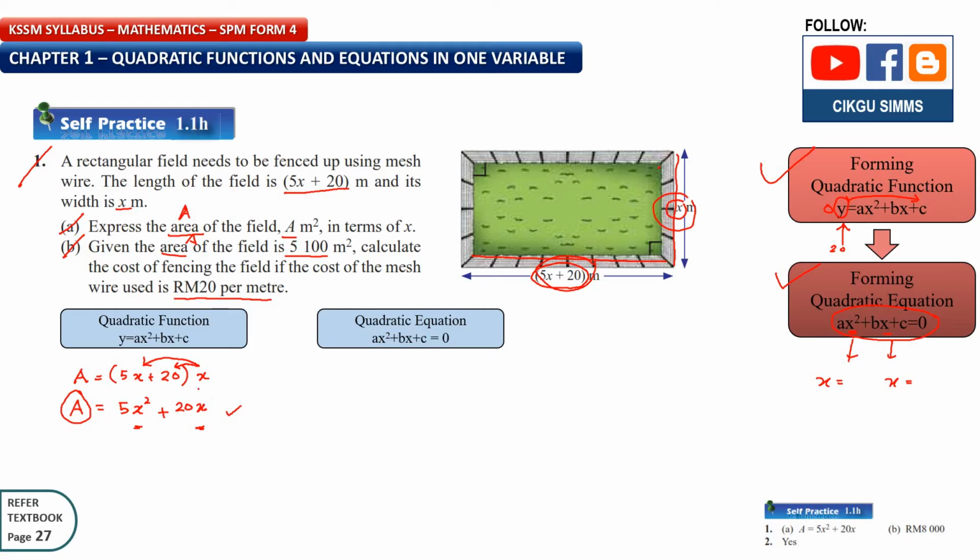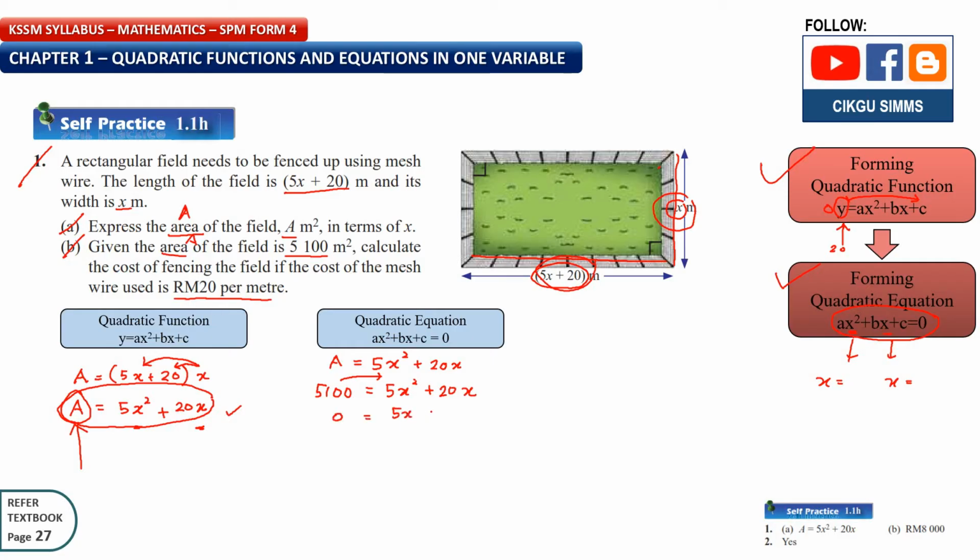Now, this thing is the function. The question tells you about this value, 5,100. So you can substitute the value of A inside here. And then you move this number there, so here becomes 0.